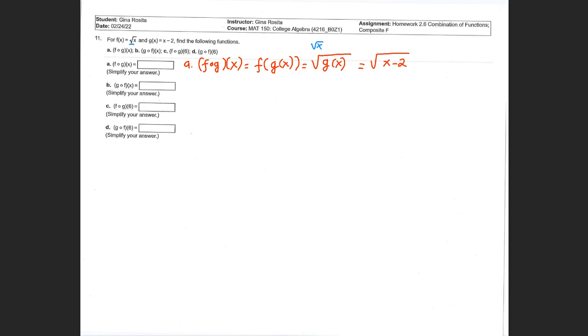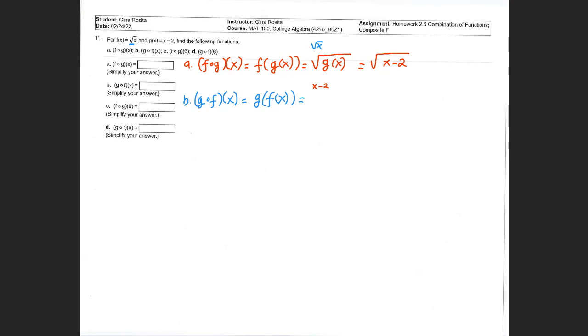Okay, B. This means g of f of x. What is the function g? X minus 2. I just write it down to make sure we do not make a mistake.